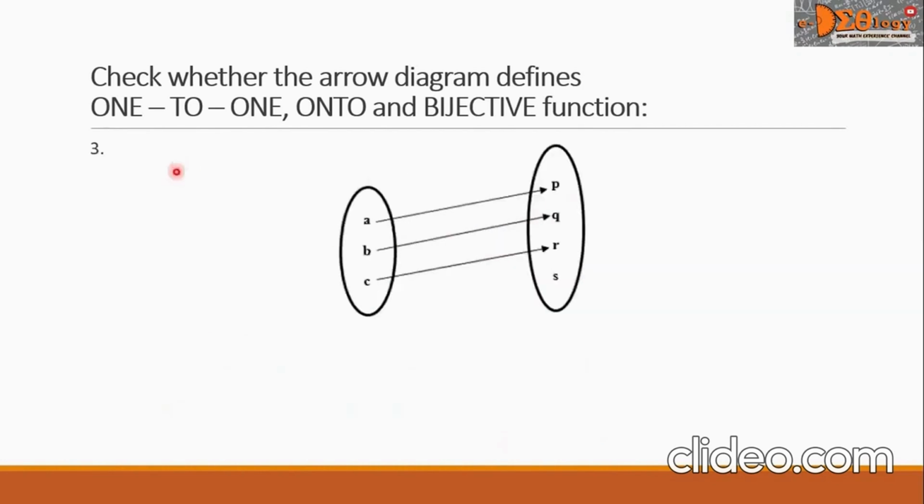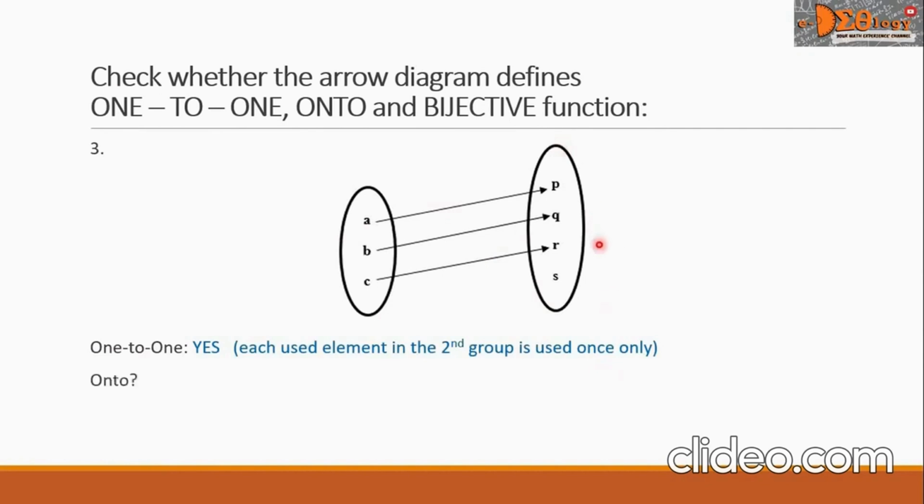Let's have example 3. Look at this figure. The first question is the function 1-to-1? The answer is yes, because each used element in group B, in the second group, is used once only. Next question, is the function onto?